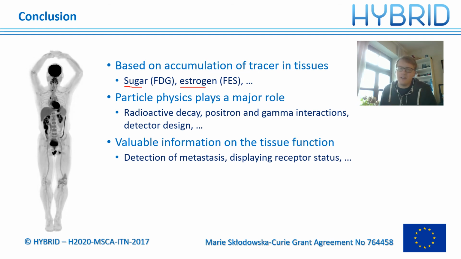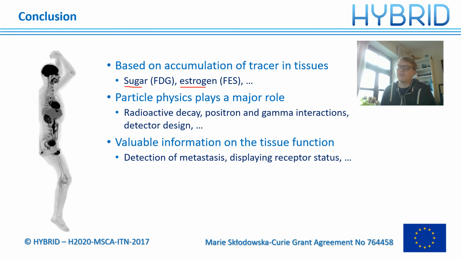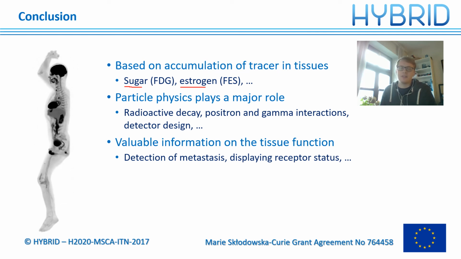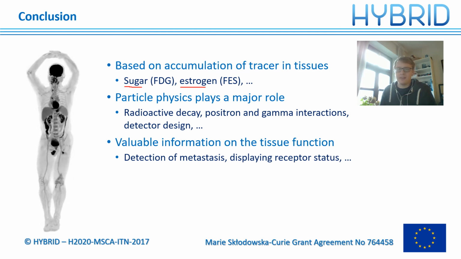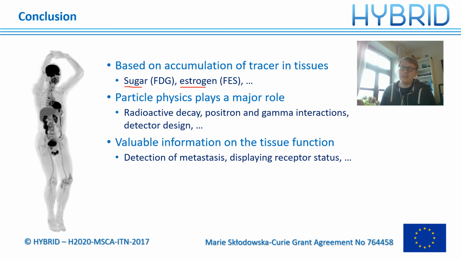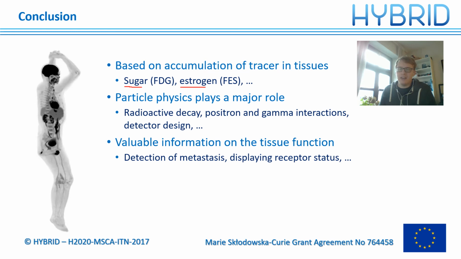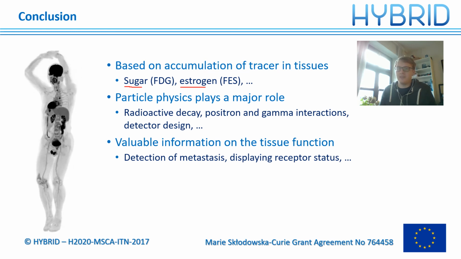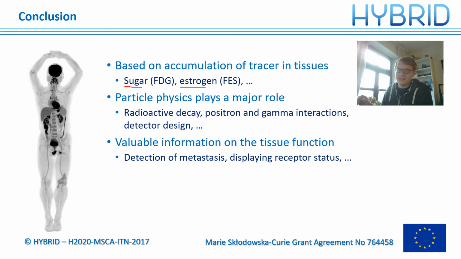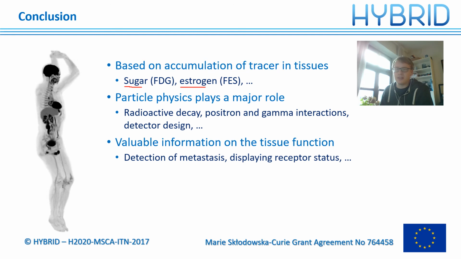And in all of these, particle physics plays a major role, from the radioactive decay, the interactions of positrons and gamma particles, to the detector design. That all plays a major role in this medical imaging modality. And if you do it right, you get valuable information on the function of the tissue. This can help you a lot in detecting metastasis or displaying receptor status.